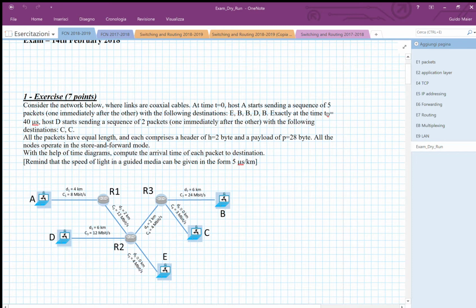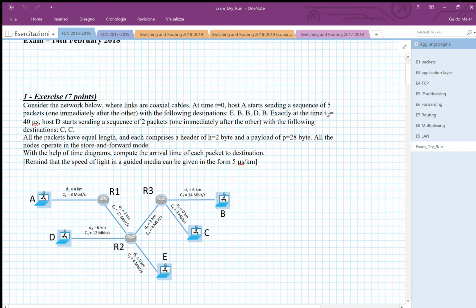And these hosts are producing packets, as specified in the text, with different destinations. In particular, host A starts to produce packets at time t equal to 0, and it produces the set of packets that you see there: one for E, 2 for B, 1 for D, and another one for B, one after the other.